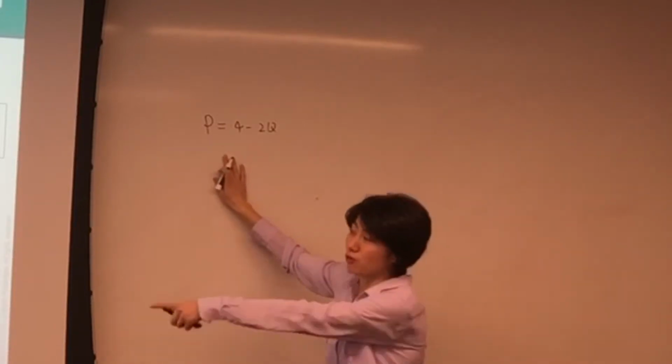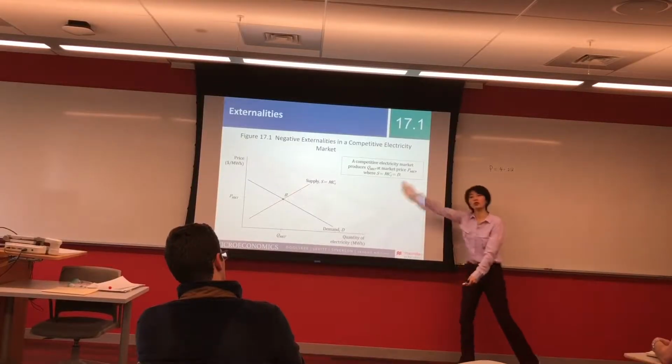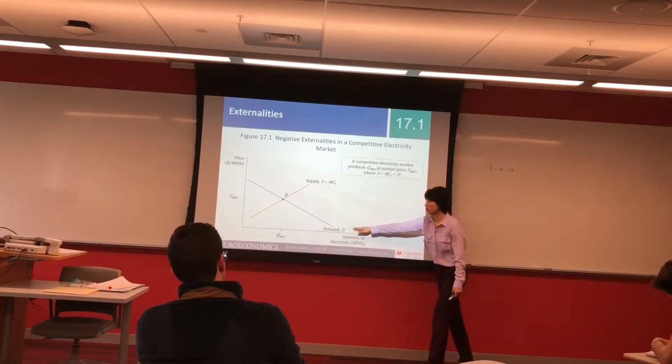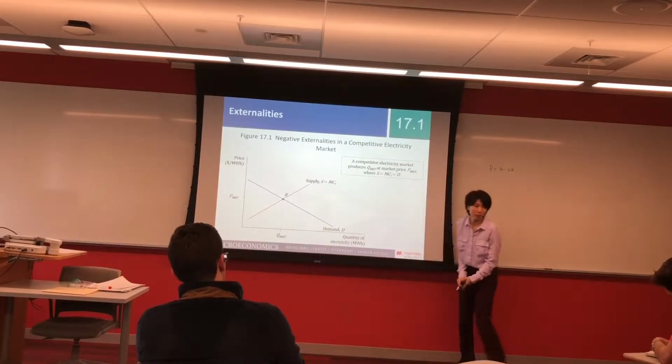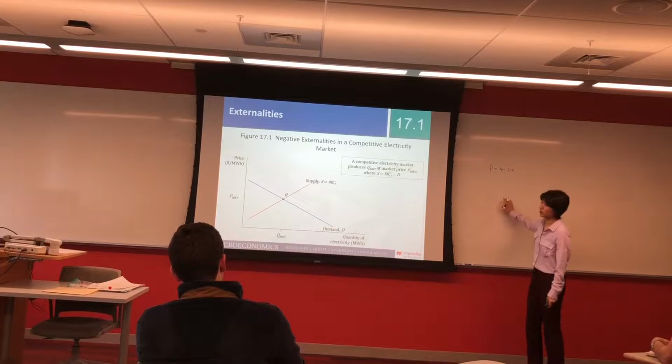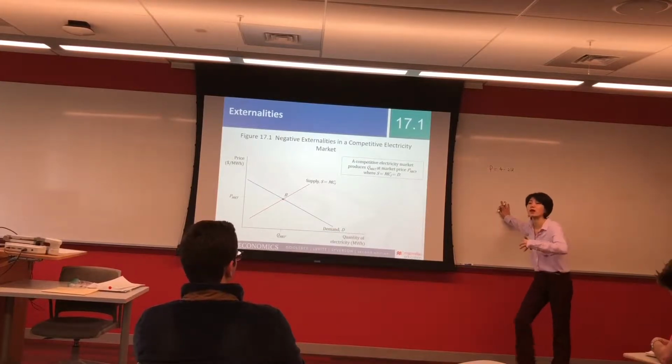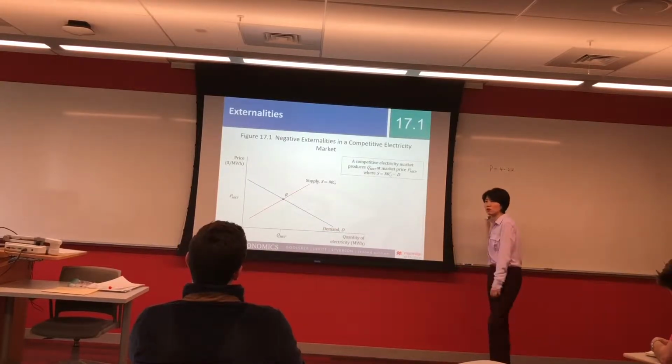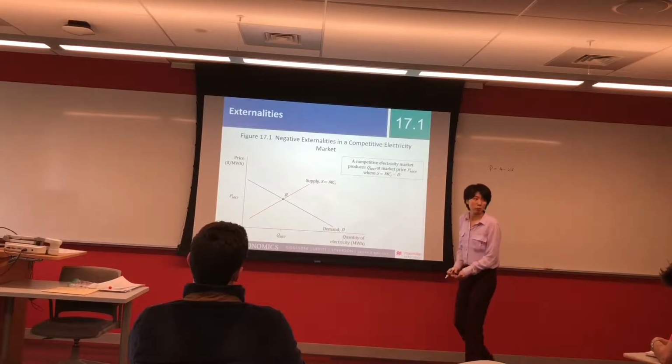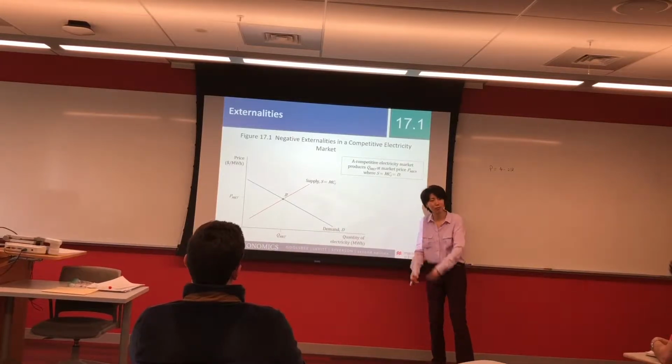You need to know that inverse demand is our demand curve here. Market demand is also private marginal benefit, the benefit enjoyed by the parties directly involved in the transaction, the electricity purchaser or buyer.